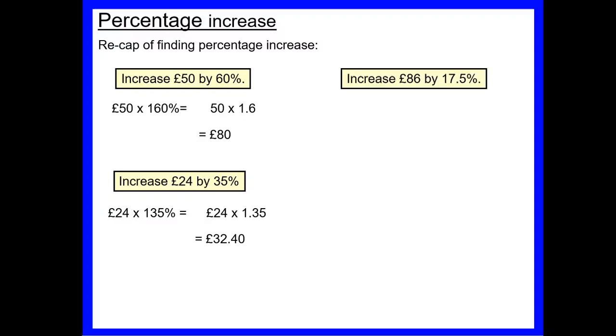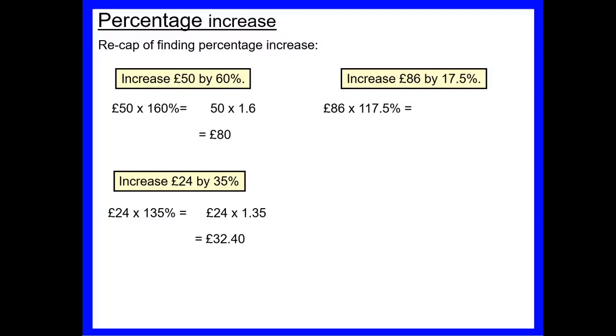The next one then, we're going to increase £86 by 17.5%. So again, we have 100% already, so we're going to actually find 117.5%. Now we still need to turn it into a decimal. At the moment it's a percentage, it's got a percentage sign at the end, so although there is a decimal point in it, it's not currently a decimal value.